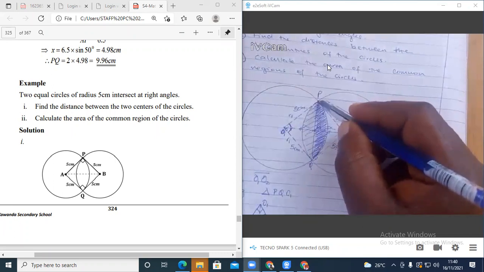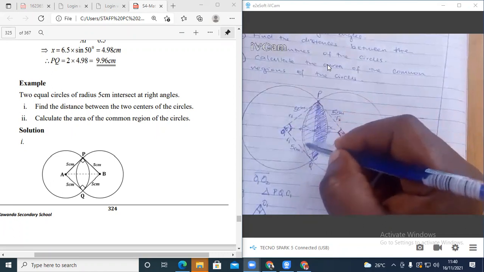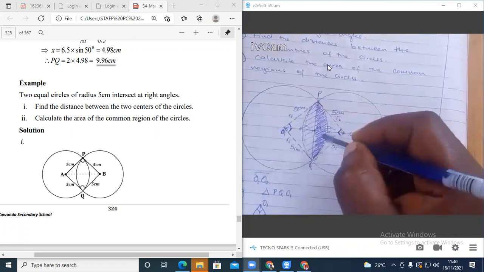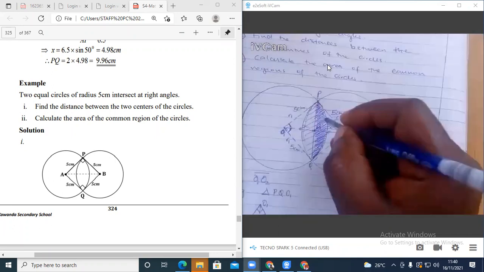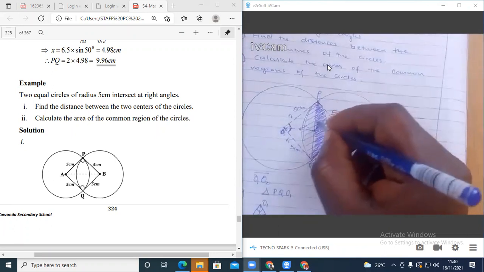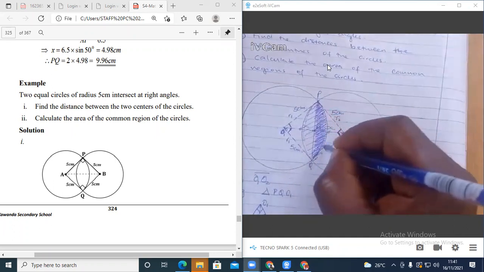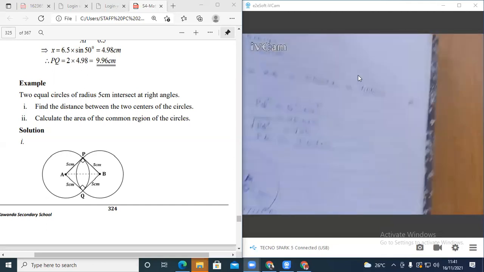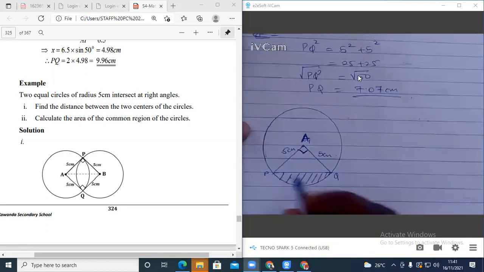When you find its area, just multiply it by 2 to have the area of the whole of this. So we have to see how we get this part here, only this part, and that part is what I've drawn here, PQ.